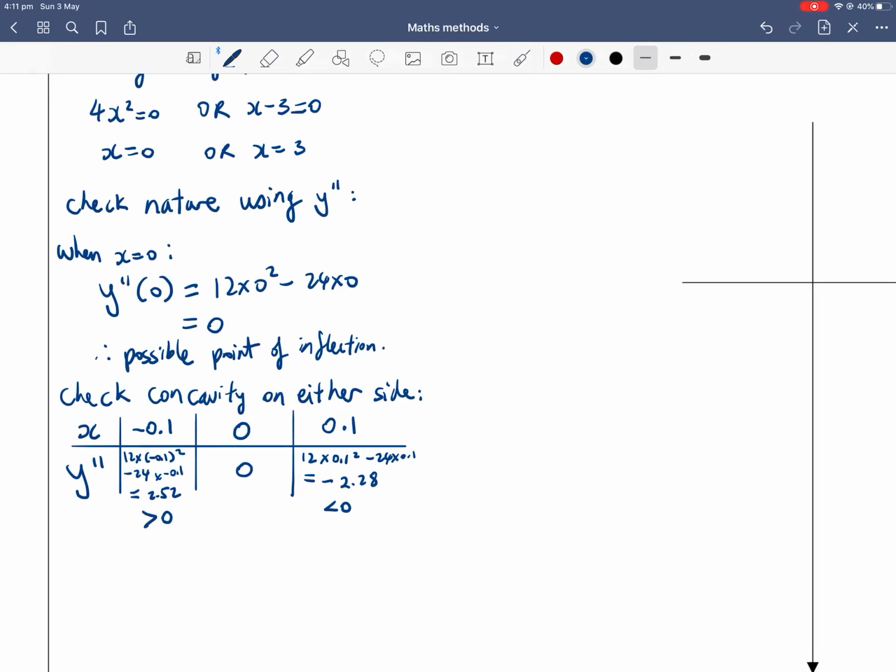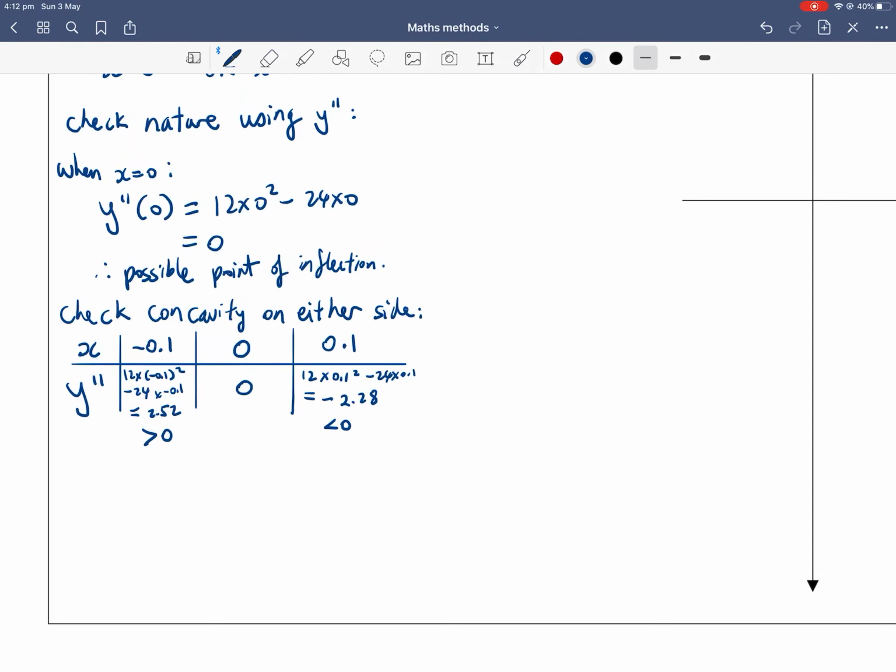So that's good because my y dash dash has changed signs on either side, which means that we do have a point of inflection. So y dash dash has changed signs from concave up, because it's positive, to concave down.